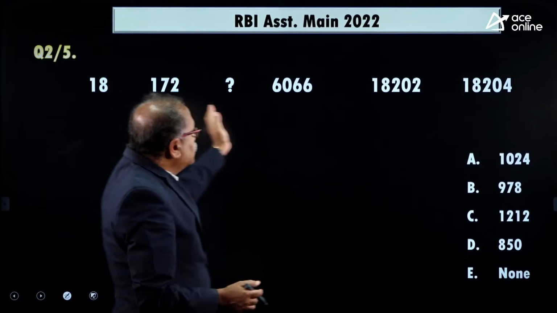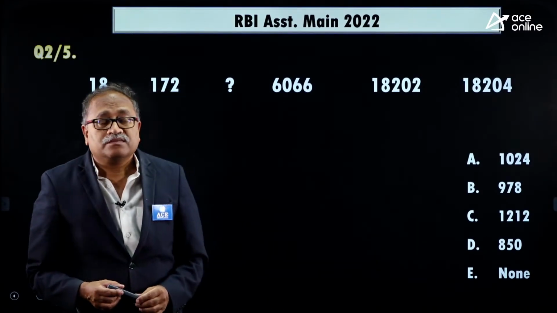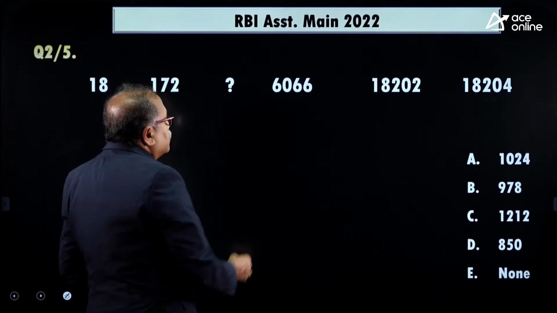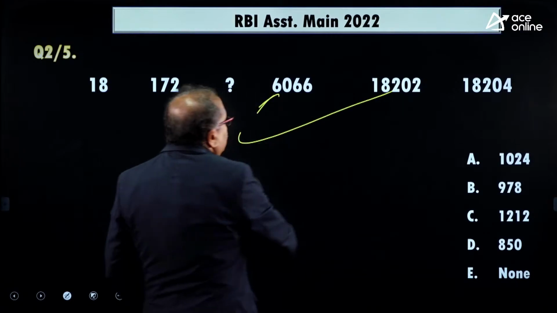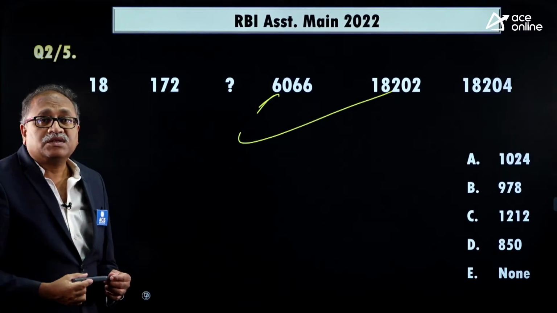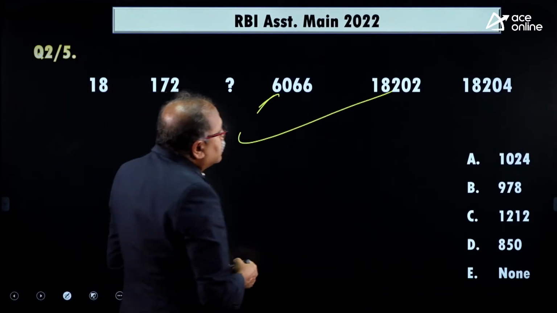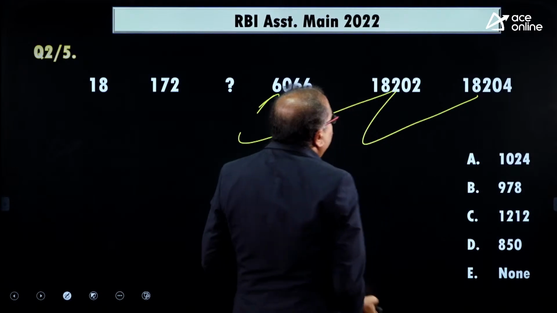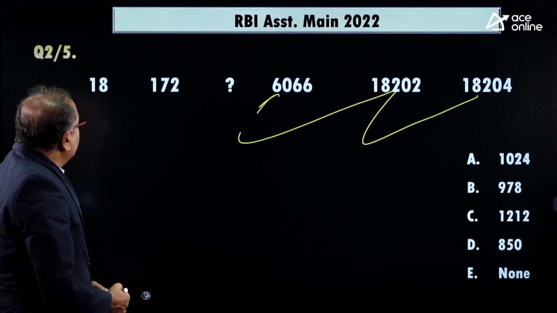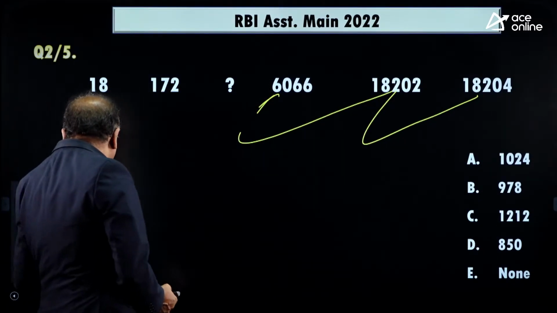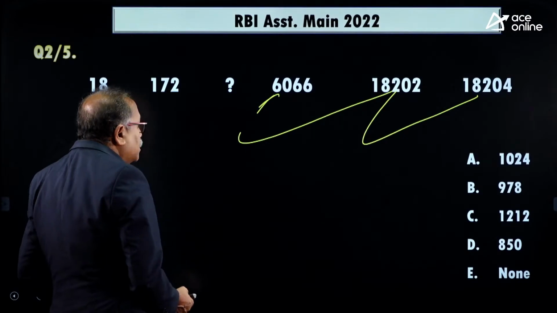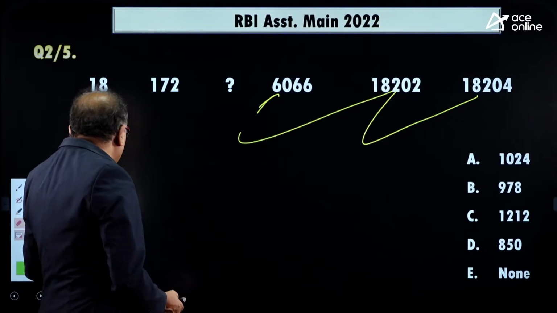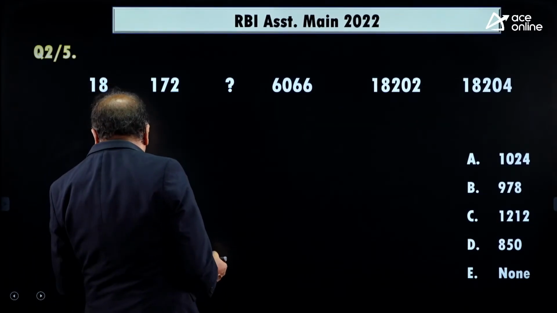I notice that it must be multiplication. Why multiplication? Look at this number to this number. It is completely 3 times multiplication, and from here to here it is only 1 time multiplication. Check this one. What could be the logic over here? Let me give you a clue.